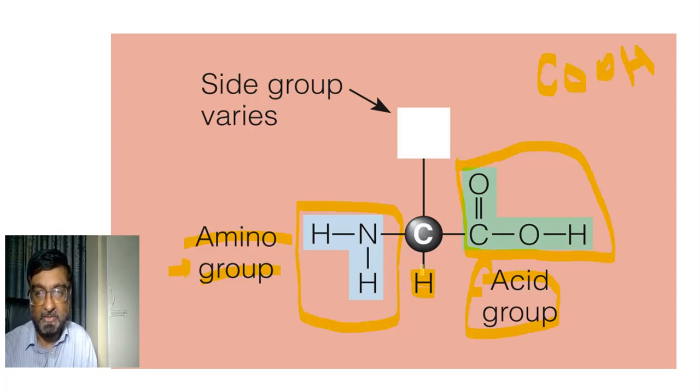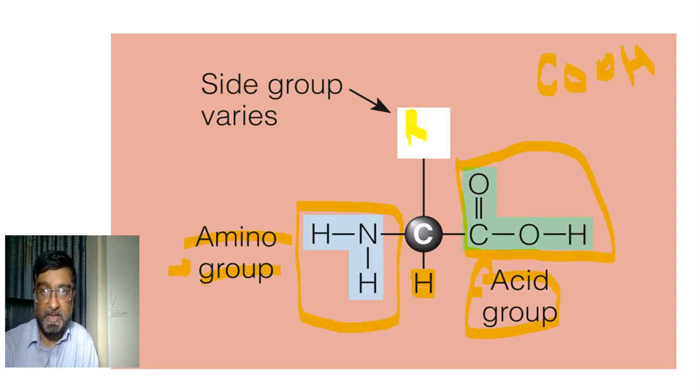And the third thing is the H. And as you know, four components can be attached to this carbon. So 1, 2, and 3, and the fourth one is actually the R, the alkyl group. This is the alkyl group, right?